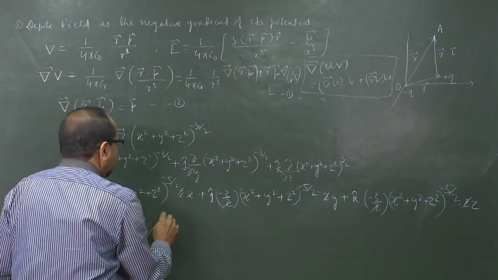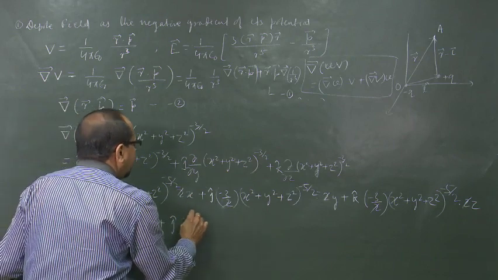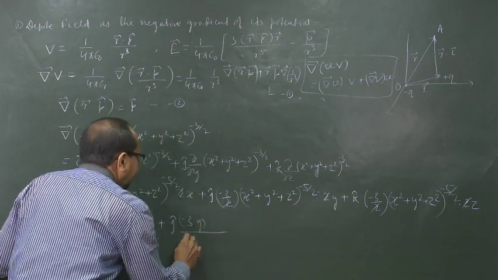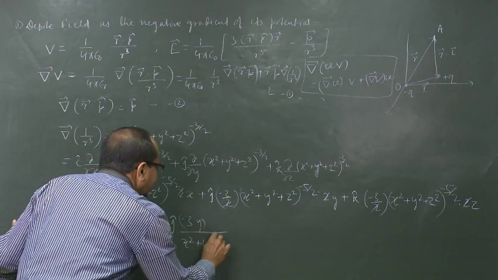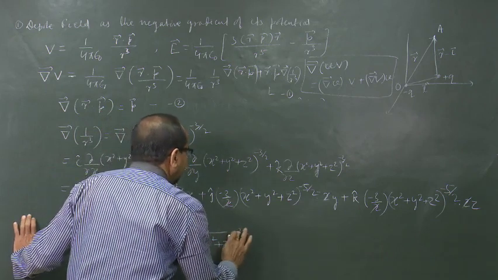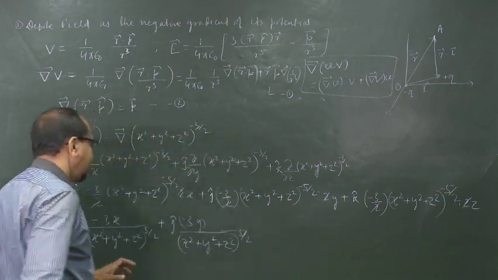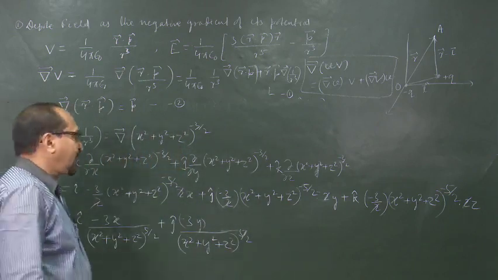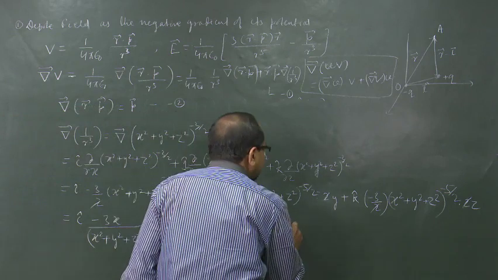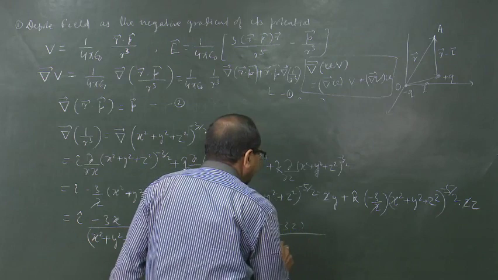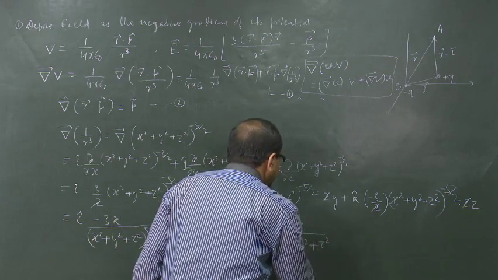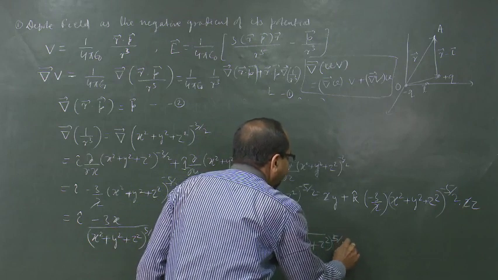Similarly, this one becomes plus j cap into minus 3y divided by (x square plus y square plus z square) to the power 5 by 2. When I take it to the denominator, the power becomes plus, and plus k cap into minus 3z divided by (x square plus y square plus z square) to the power 5 by 2.